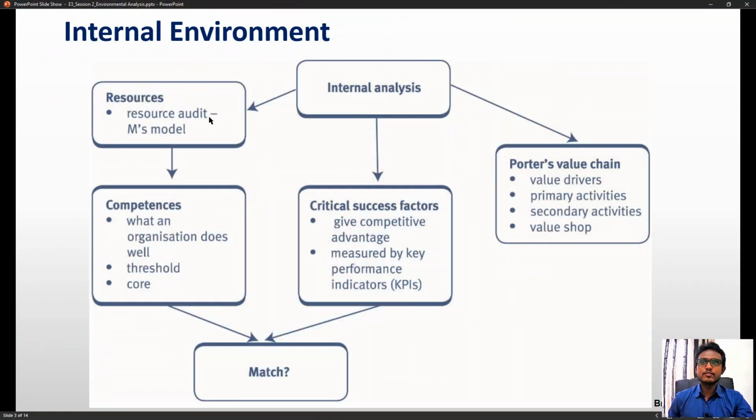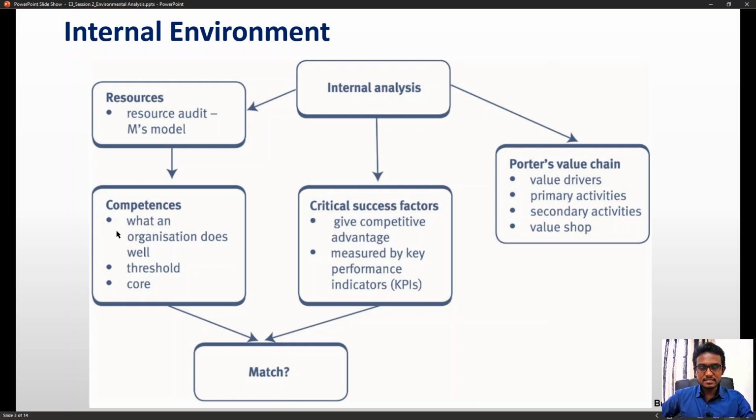So obviously we have to try and understand the resources side to things. Now we did look at the resources audit from the internal analysis initiation, but we are going to learn a different perspective to resources, or auditing your resources, or having an understanding of your resources.